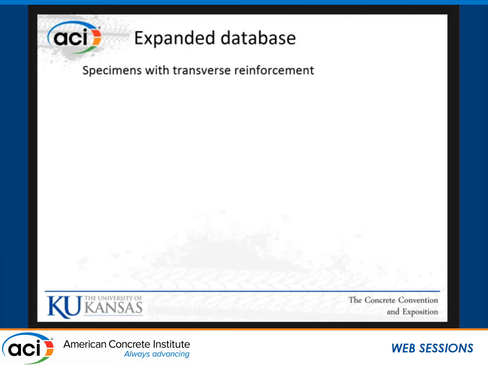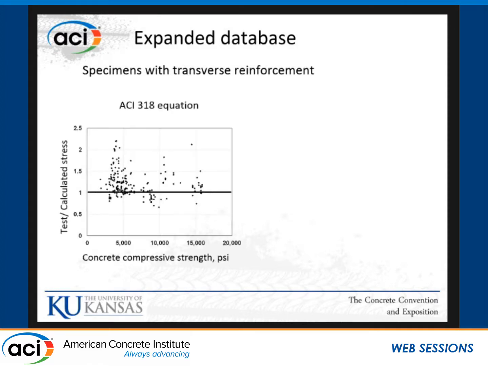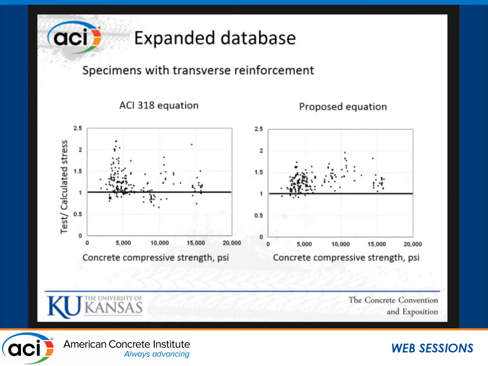Now, using the whole database with specimens with transverse reinforcement, same comparisons were made. We saw that 22% of the specimens using the current ACI 318 equation had test over calculated less than 1, while 4% of the specimens had test over calculated less than 1 using the proposed equation.